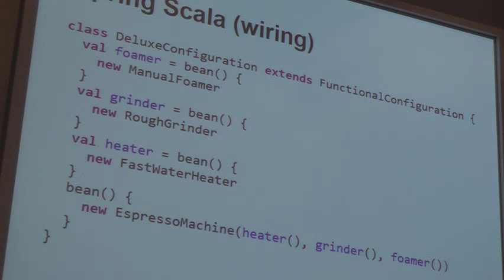So it's quite different than the annotation-based approach, but it's actually not that different from the Java configuration approach or the modules approach from Guice. You just basically wire everything yourself. You manually set up the dependencies and which is implemented by which class.